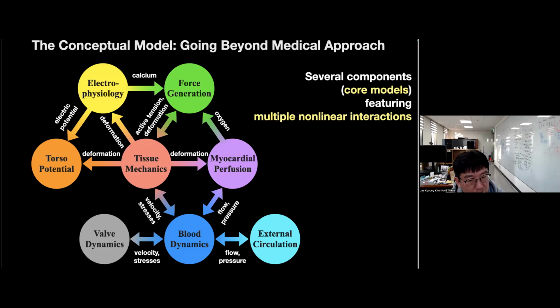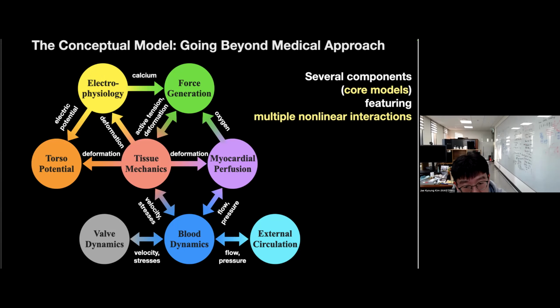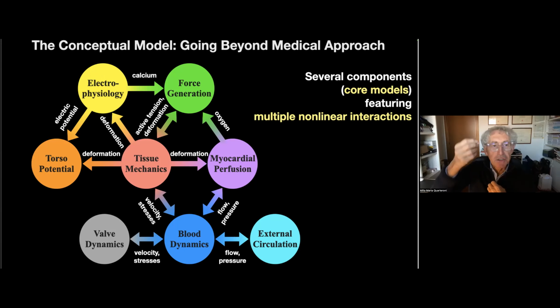And first of all, we need a conceptual model. And in this conceptual model, as you see, there are all the components of the physical processes that take place in the heart. So we start from the electrophysiology. We have the cells in the sinoatrial node that undergo an excitation, and we take this as data.